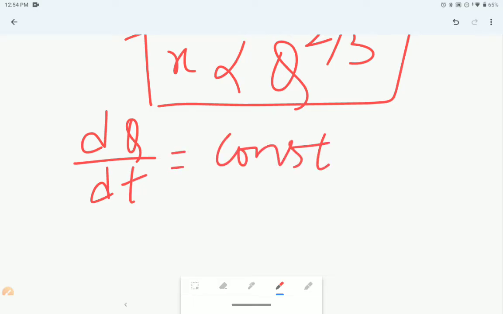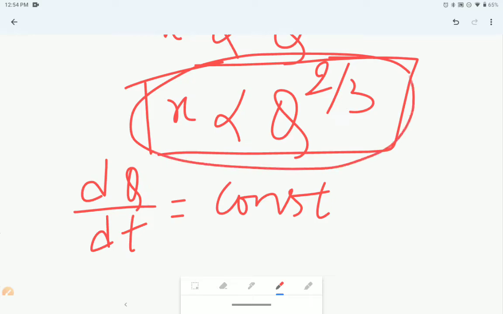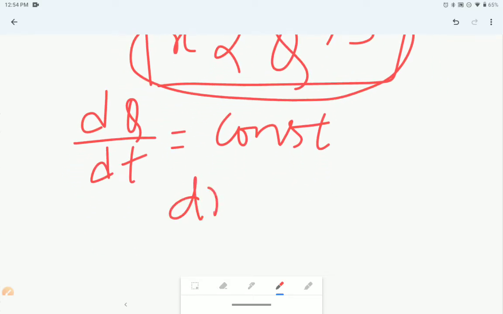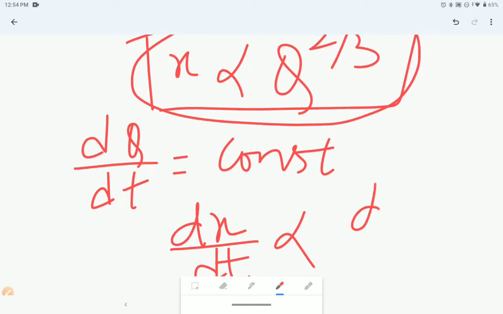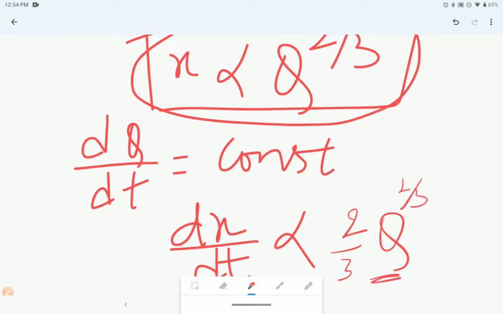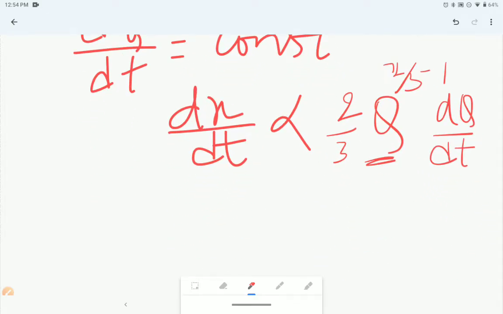So on differentiating this, dx by dt is directly proportional to dq by dt times q power 2 by 3 minus 1. As we are differentiating, we already know the chain rule.